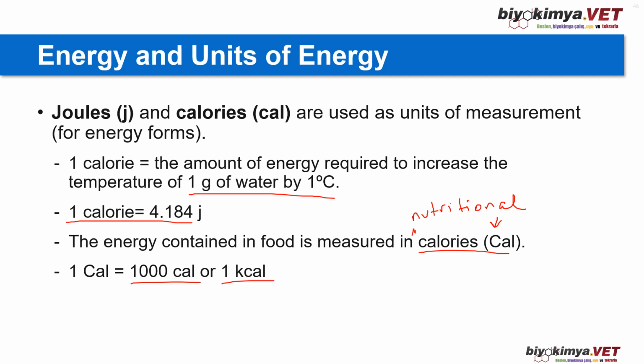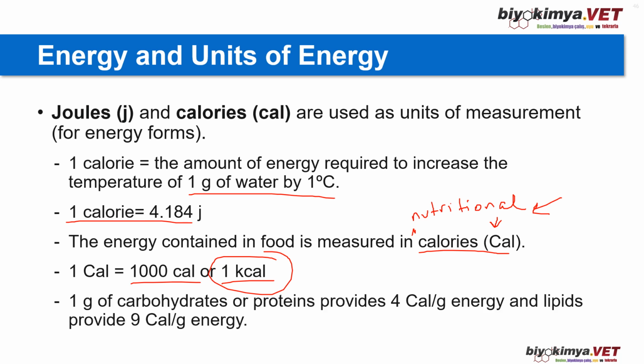And this definition is derived as the temperature of 1 kilogram of water by 1 degree Celsius for the nutritional calories. It is common practice to use only the unit kilocalorie to avoid confusion between the physical calorie and the nutritional calories.